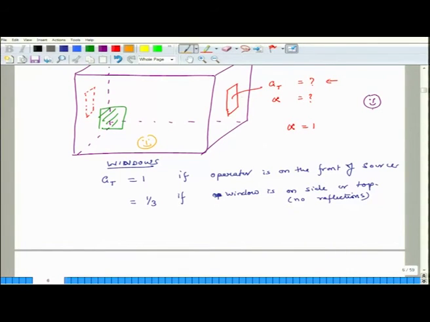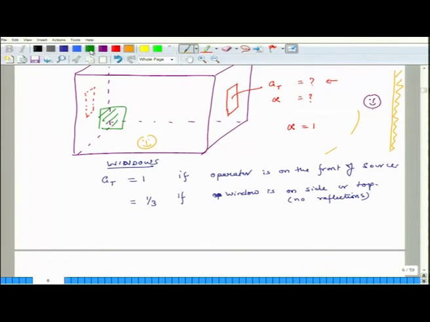Obviously, he will not hear all the sound which is coming out; some sound will travel after reflections and it will reach this person in this way. If there are reflections, suppose there is a reflecting wall here, then he will hear a larger amount of sound. If there are no reflections, then AT is equal to 1 by 3.